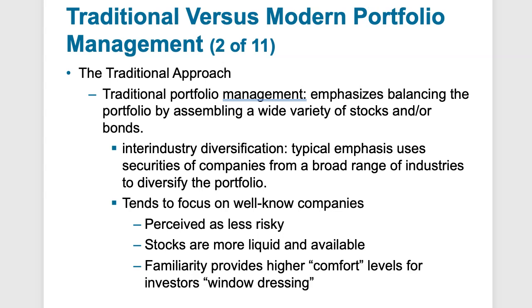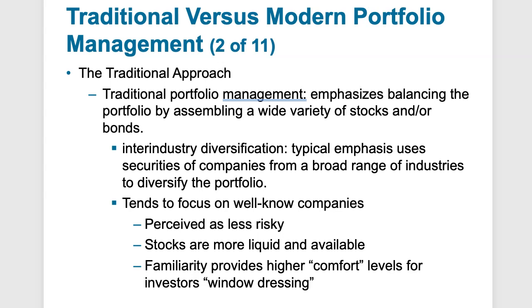So we're going to emphasize securities of companies from many different types of business to build a portfolio. And we're going to focus mostly on the well-known companies, the big brands, because it has traditionally been perceived that bigger, well-established companies are less risky.